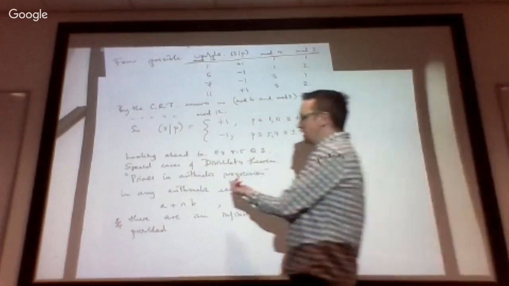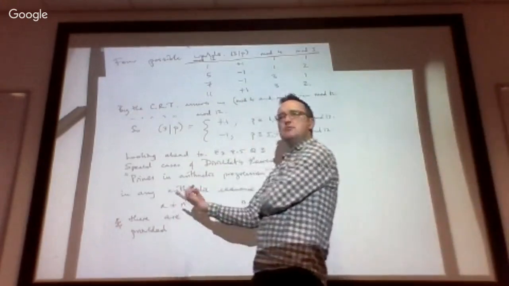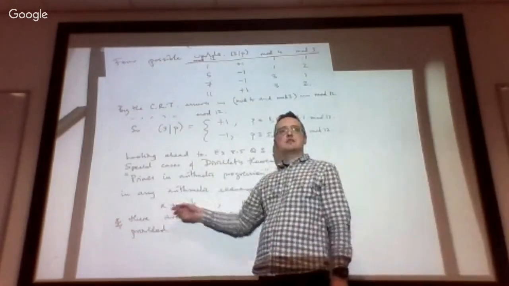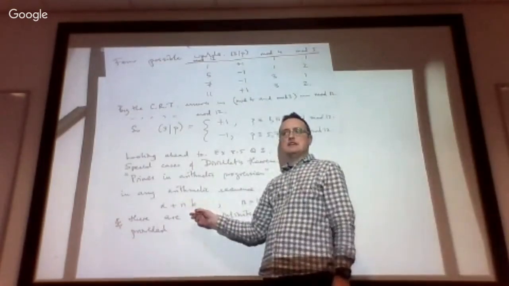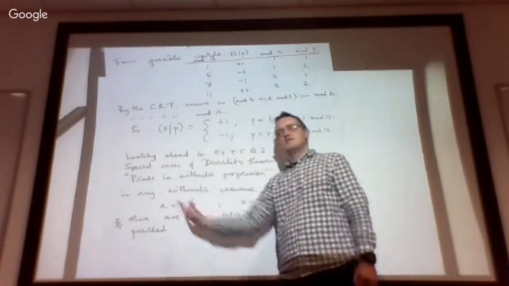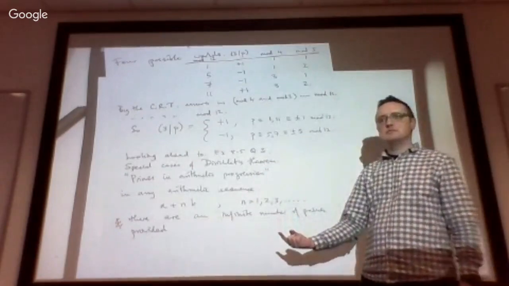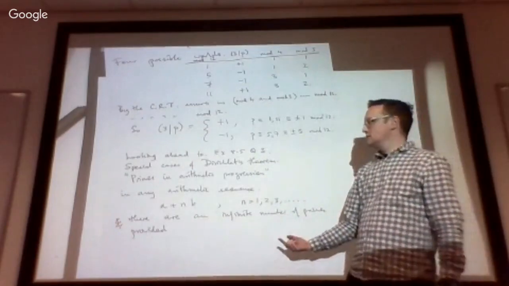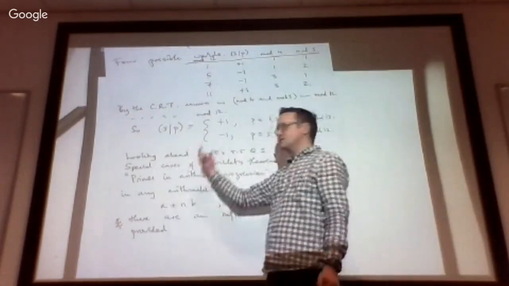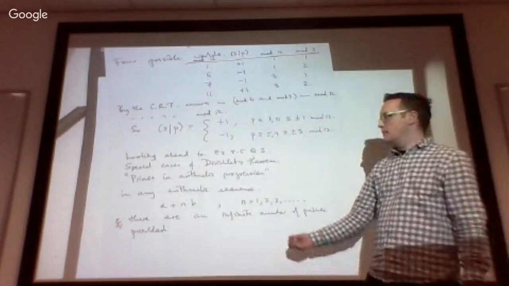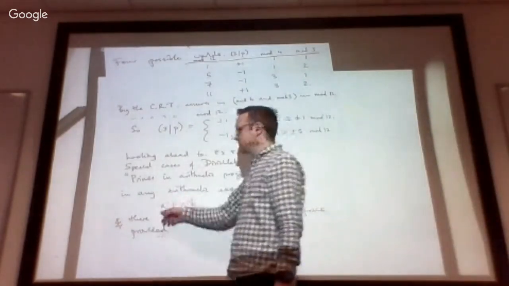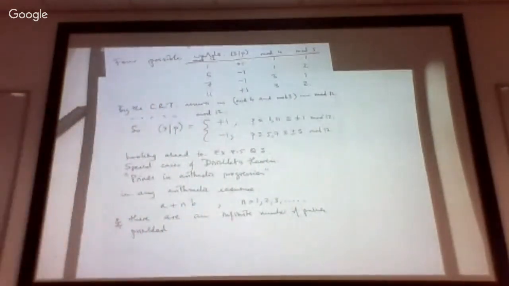You see, if A and B had a common factor, let's say 3 was a common divisor of A and B, then every element of that sequence would be divisible by 3. But maybe the first one might be prime, say A was -3 and B was 6. If A and B have a common divisor, every element of that sequence will be divisible by that common divisor, so they won't all be prime.